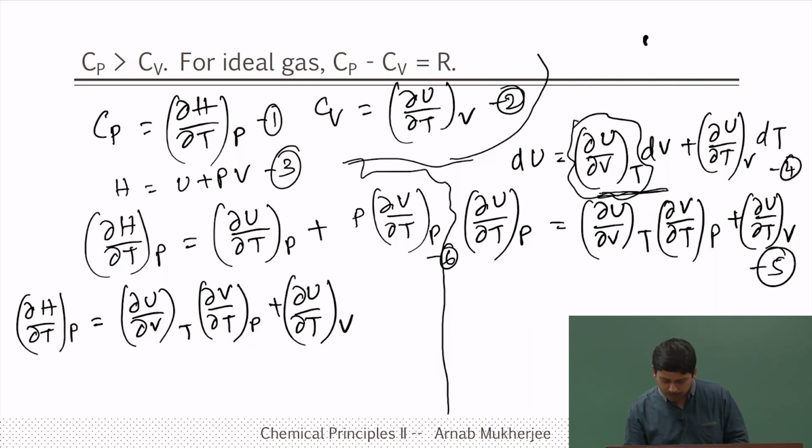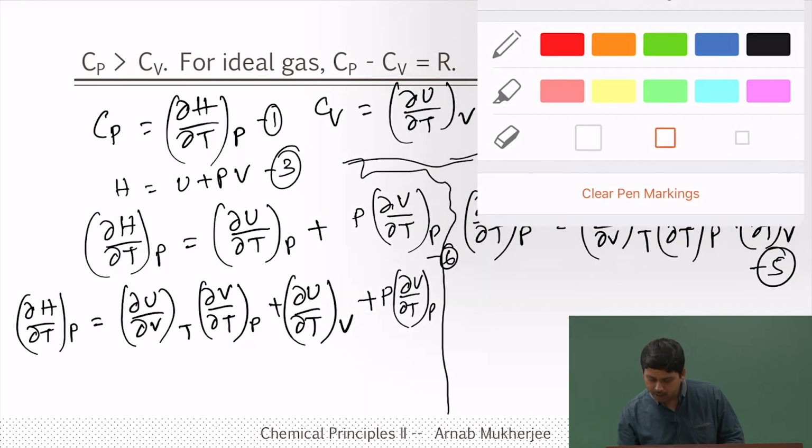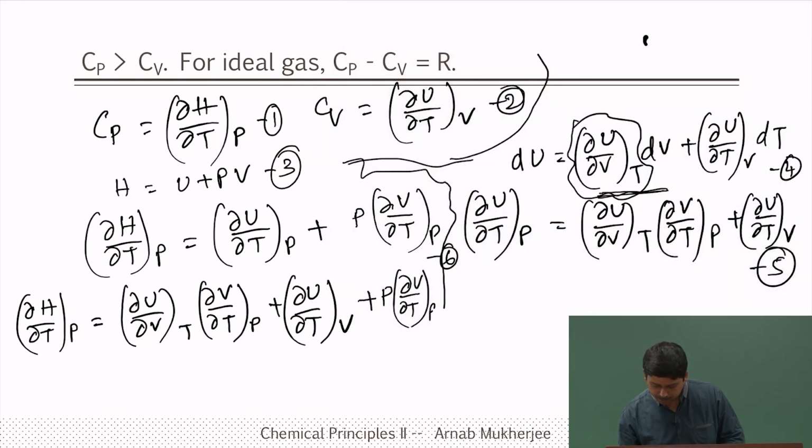Now I have substituted that del u by del t at p, and I am going to write this particular term that is left out, del v by del t at constant pressure. Now, what is this particular quantity, del u by del v at t? Is it familiar?